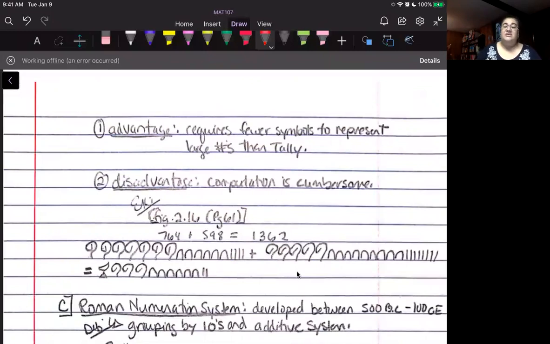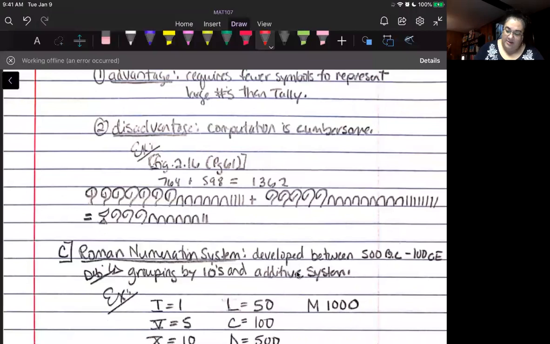A disadvantage is that it's still big enough where calculating things or performing computation becomes cumbersome. And here's an example of it, okay? So if we look at this example here, they gave us the numbers 764 and asked us to add it to 598, okay?